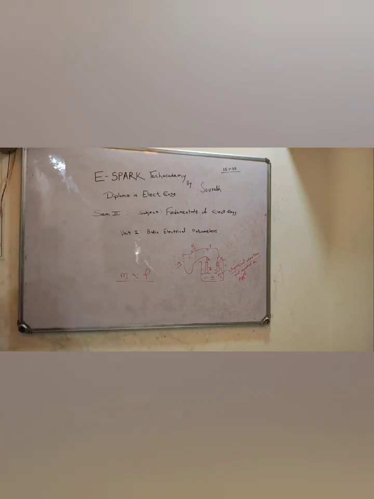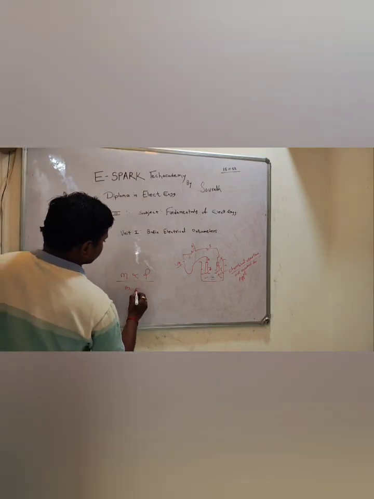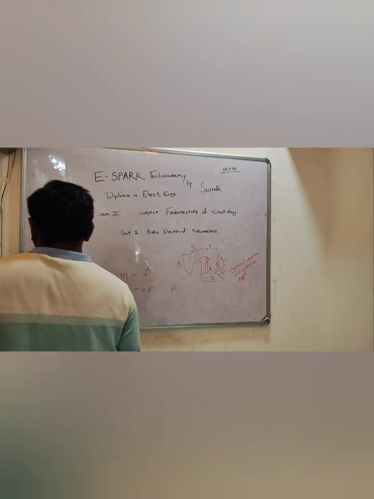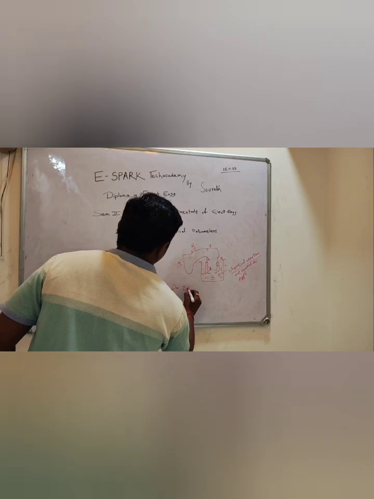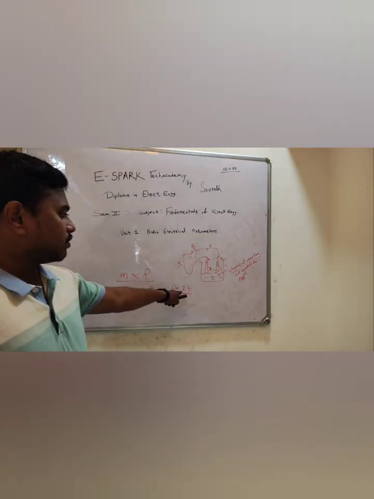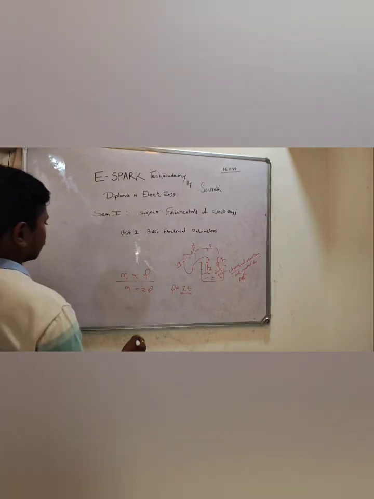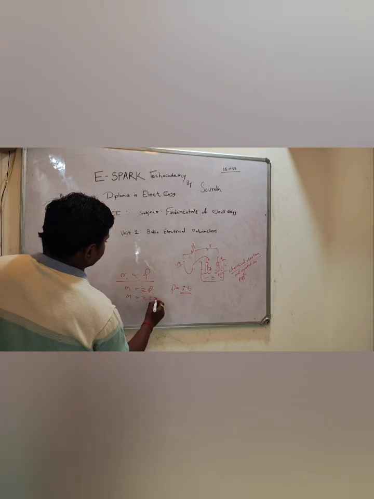Now you can say mass equals ZQ, and Q, you know, is nothing but IT. I have explained it. The charge is nothing but the current flowing for a particular time period. M equals ZIT. This is the final solution.